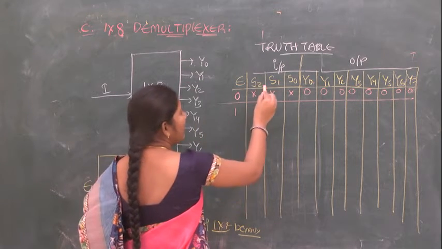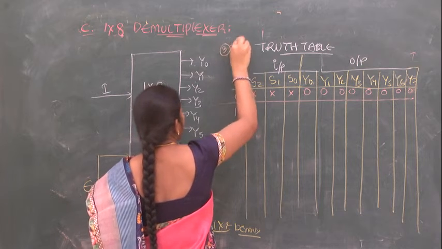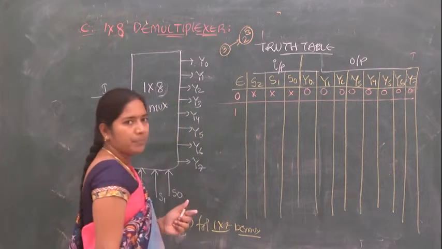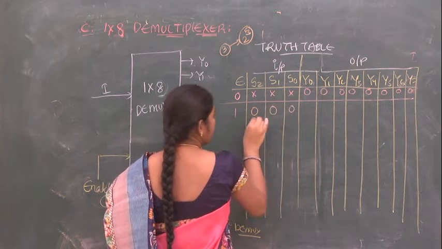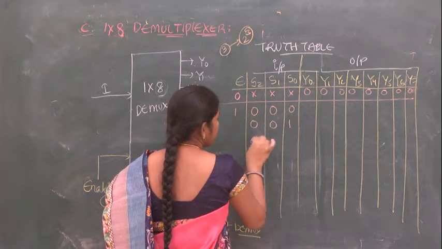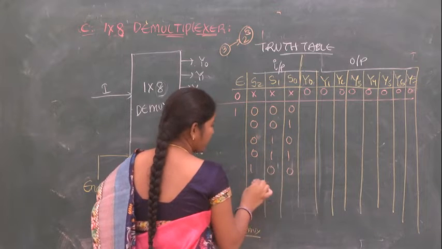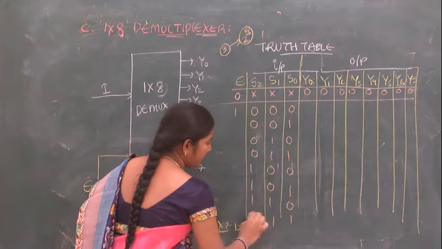Okay? So as we are having 3 selection lines, 2 cube means 8 possible combinations are there, which are 0 0 0, 0 0 1, 0 1 0, 0 1 1, 1 0 0, 1 0 1, 1 1 0, 1 1 1.